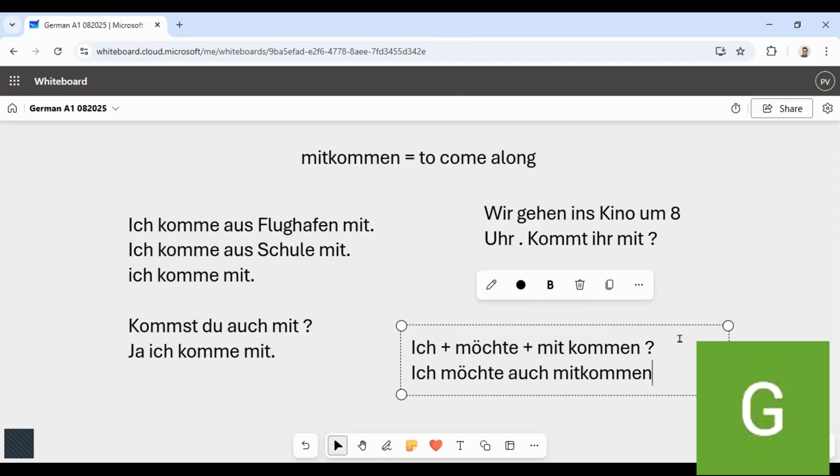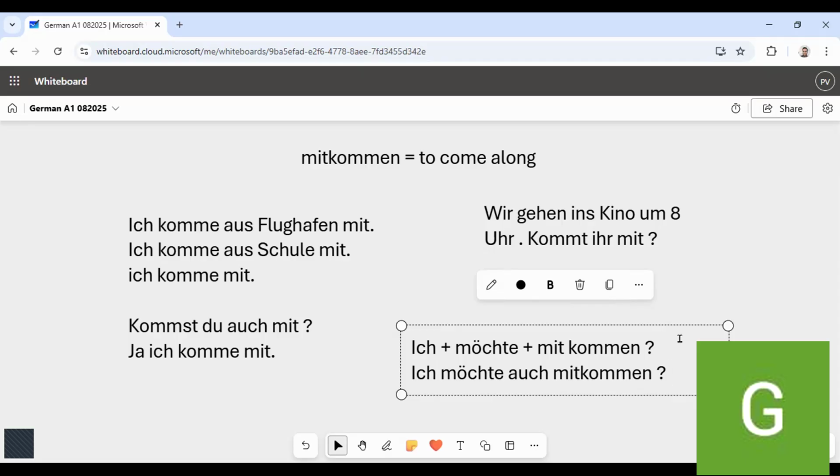So even if there is a modal verb, the Trennbar verb will be together and they will be at the last position. Can we say something like ich gehe mitkommen? No, you cannot say. Only one verb will come in a sentence except modal verb.